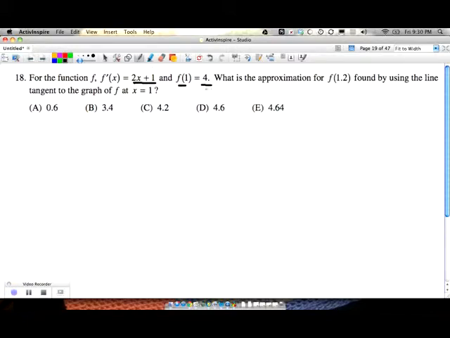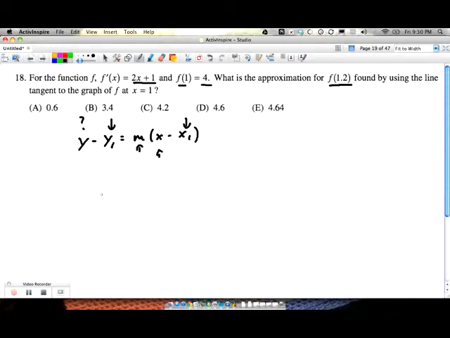And to find the approximation f of 1.2, it's really just a use of y minus y1 equals the slope times x minus x1. We know a y1 and we know an x1, and we're going to plug in an x and solve for y. We also know an m that we can plug in as well.